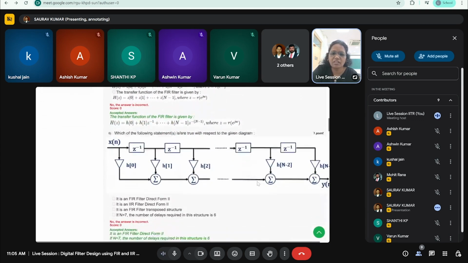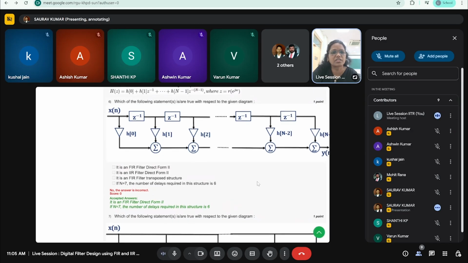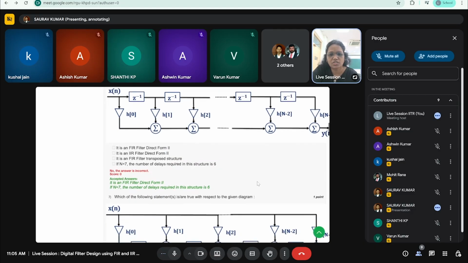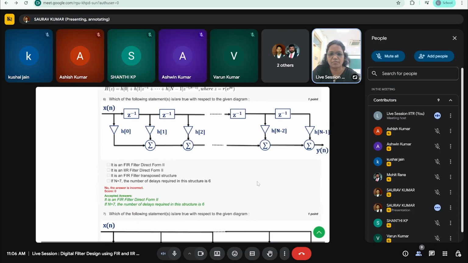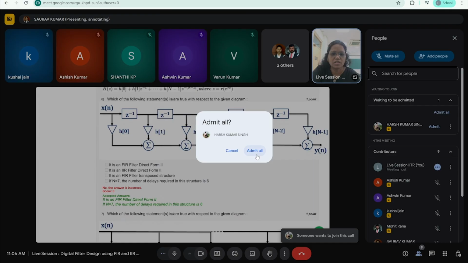Similarly, in case of FIR, that is a little different. It doesn't take the past output into account to decide the present output. So the structures have been asked. FIR filter direct form 1 and 2. What is the structure and what is the order of the structure?